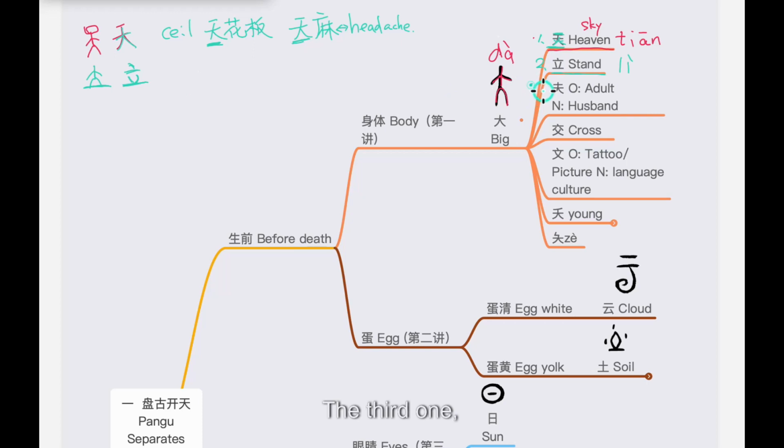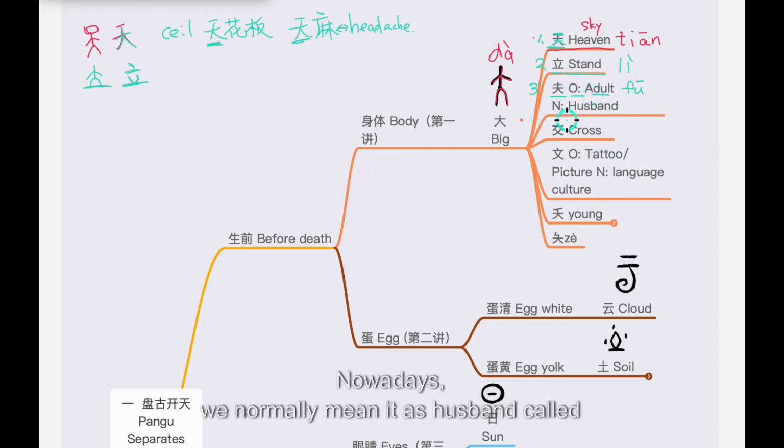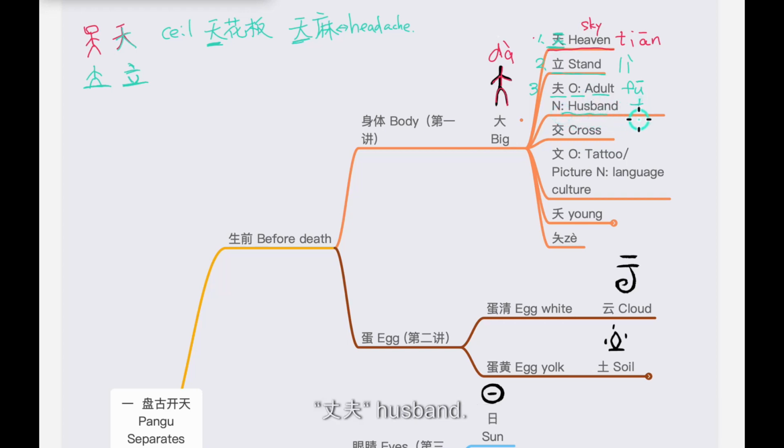The third one is called 夫. 夫. In old Chinese, it means adult. Nowadays, we normally know it as husband, called 丈夫. 丈夫 is husband.